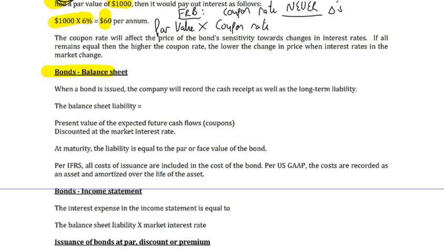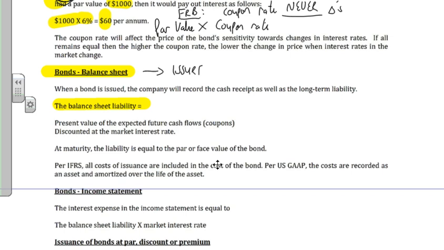Let's have a look over here. Where do bonds sit on the balance sheet? Remember, guys, I'm looking at this bond from the point of view of the issuer. So from the point of view of the issuer, it sits on his balance sheet as a liability. How much? It comes on at what? The present value of all the cash flows discounted at what? The market interest rate.